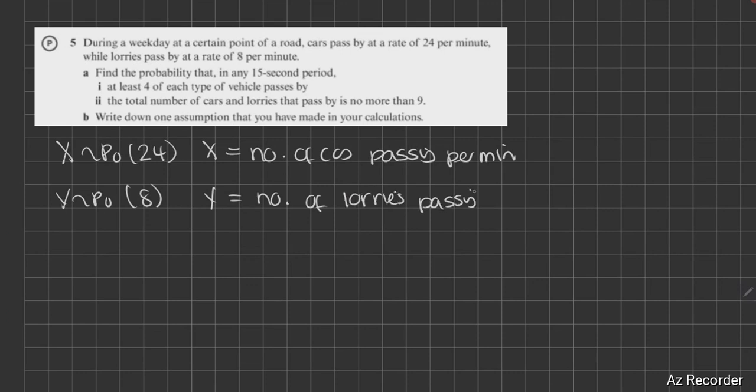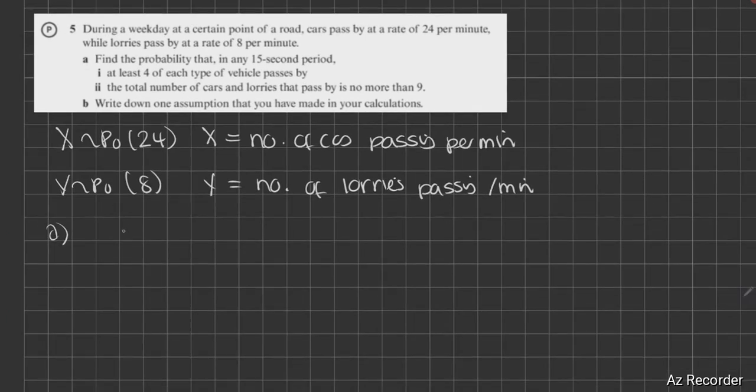So for part A, find the probability that in any 15-second period, at least 4 of each type of vehicle passes by. This is a 15-second period, so we want 1/4 of each because we've got a minute. So 1/4 of X is equal to 6, and 1/4 of Y is equal to 2.